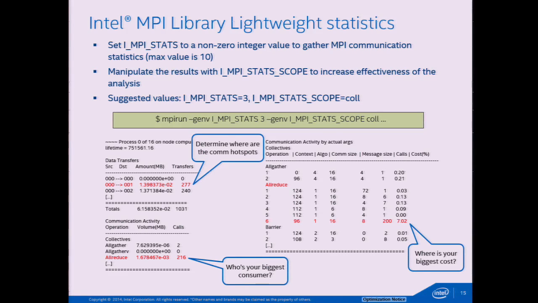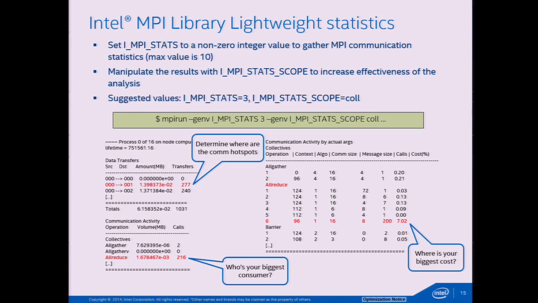You can also specify the scope. So if, let's say, you just want to keep track of your collectives, you can say your scope is just collectives, or you can specify certain ranks that you want to record information for, and so forth. So you can see here the type of information, and why it might be helpful too.